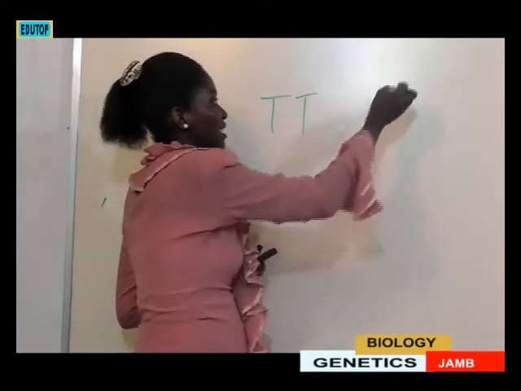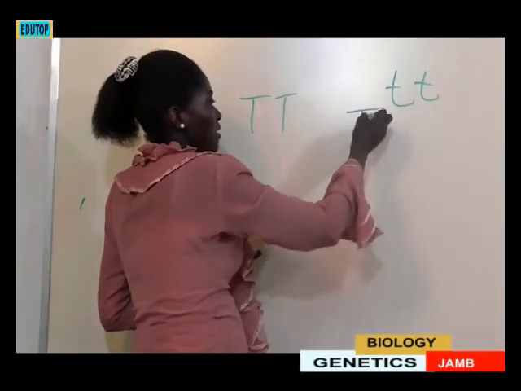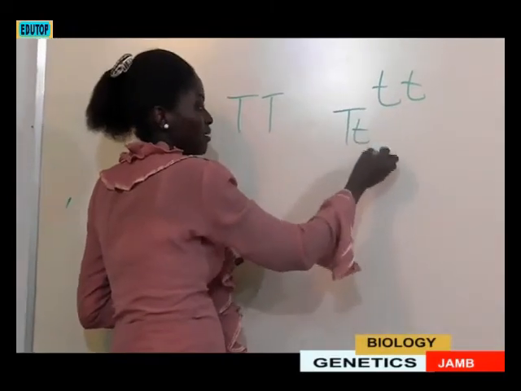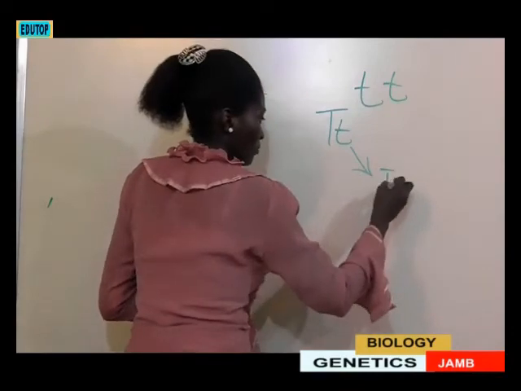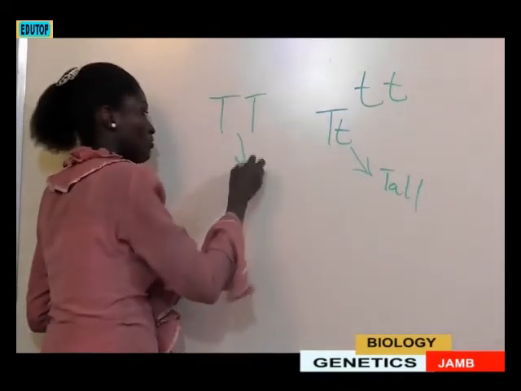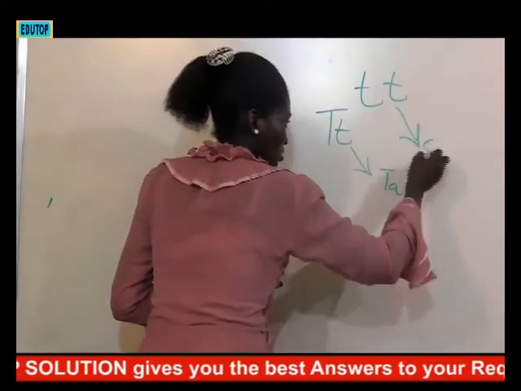This is tall. Then the person that is short, representing as this. Then somebody that is TT, this person in appearance is physically tall. This person is also physically tall. This person is physically short.